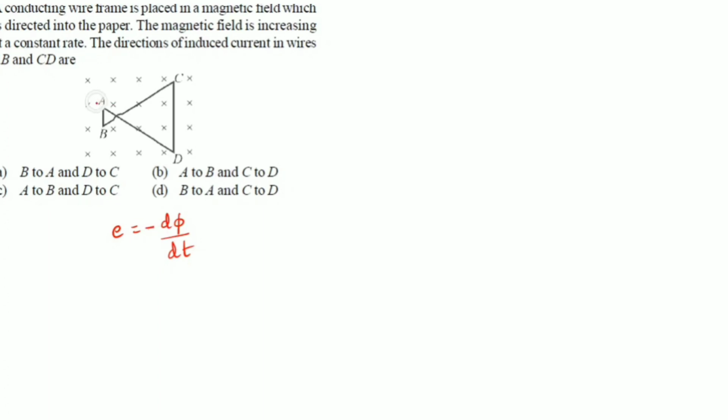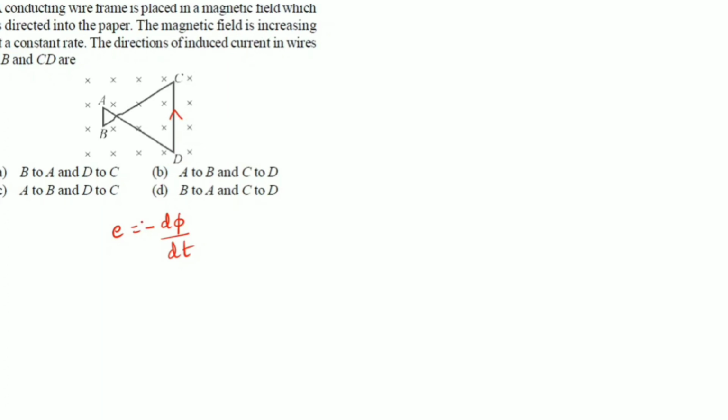See here, when the magnetic field increases, flux changes, and induced EMF takes place in both the loops AB and CD. So in the bigger loop, induced EMF takes place in the opposite direction according to Lenz's law.